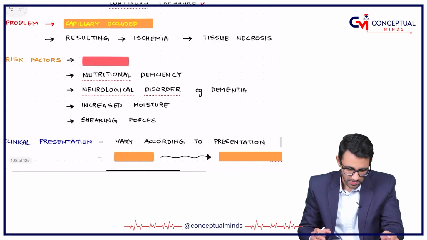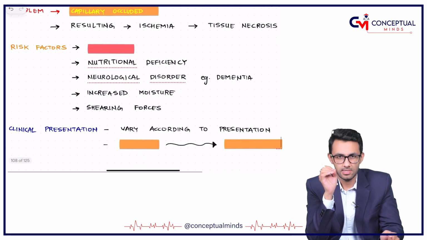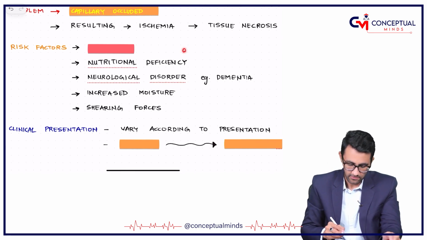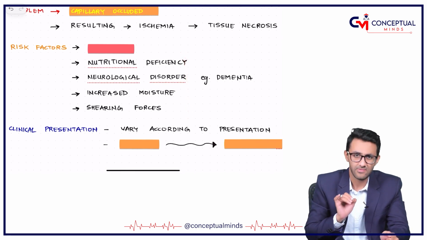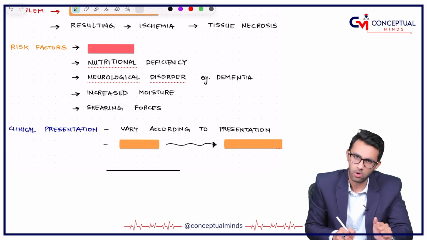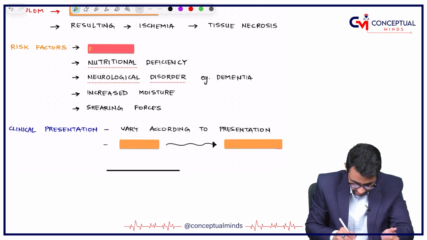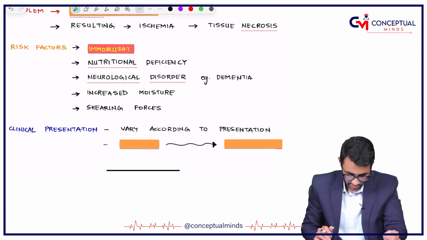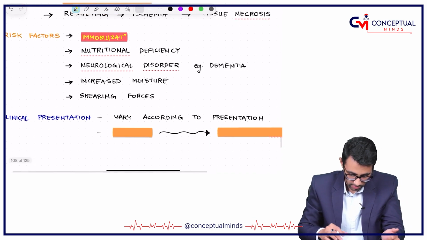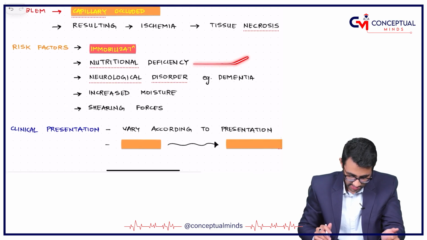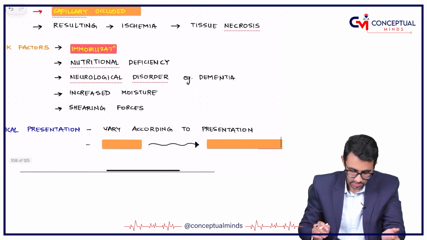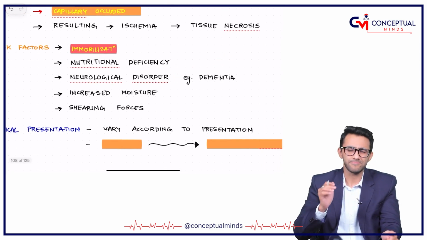So what are the risk factors? There is a list of these things, but the main risk factor is immobilization, prolonged immobilization. It could also be because of nutritional deficiencies, or neurological disorders such as dementia.